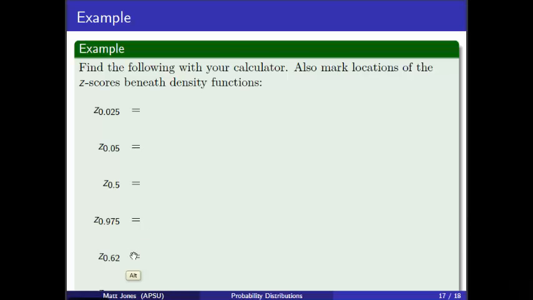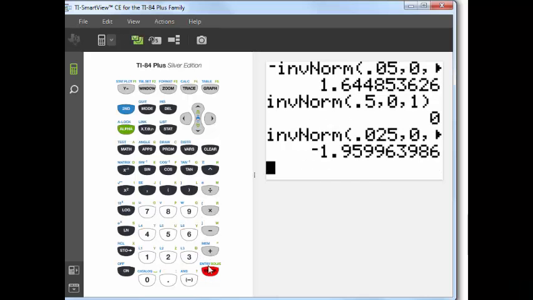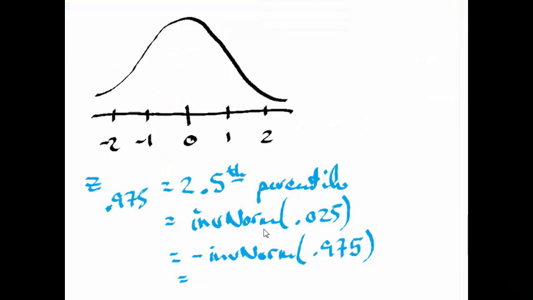Either way, I should get the same thing. So I'll just insert a 0 and a 2 there. Negative 1.96 approximately. So down about here, right?